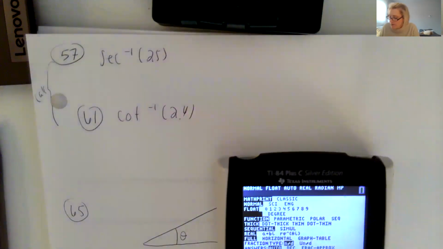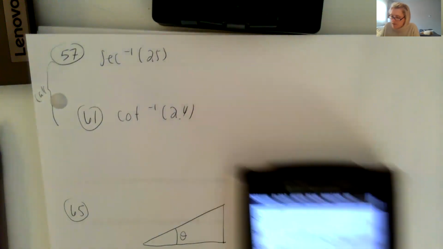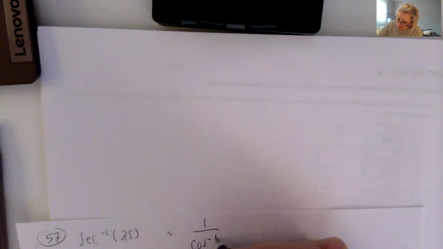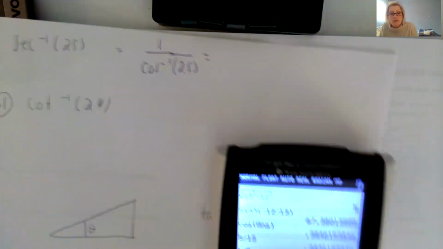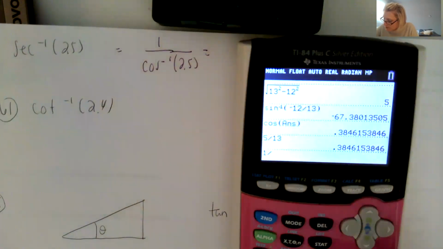So it says find the inverse secant. So inverse secant is, because secant is 1 over cosine, so it's 1 over the inverse of cosine at 2.5. So we really have to do 1 divided by the inverse cosine at 2.5.